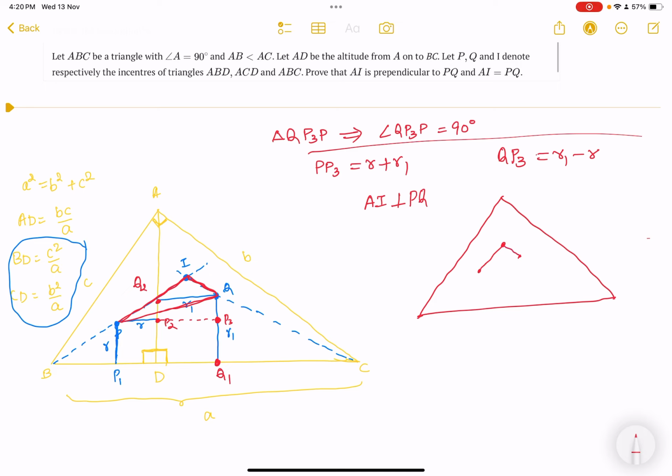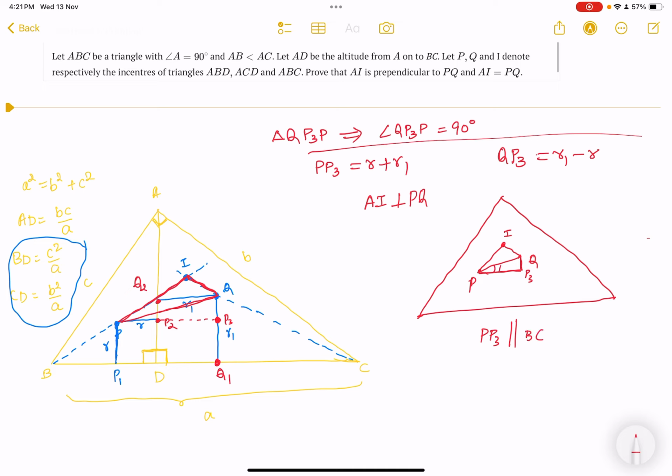So this is our triangle IPQ. So we have this triangle here. This is P3. So this PP3 is parallel to BC, correct?